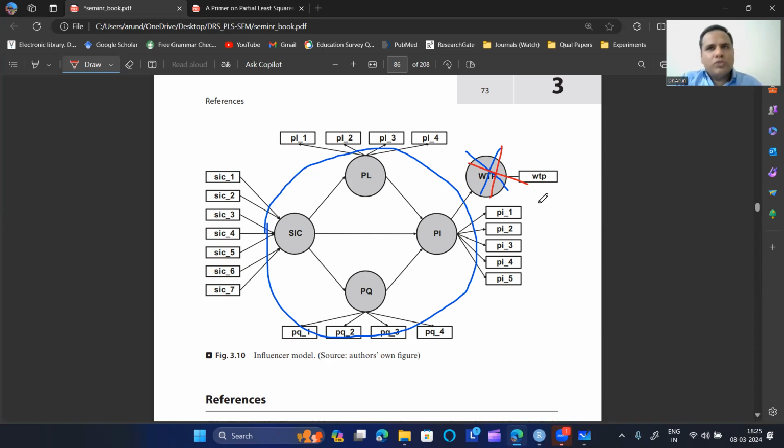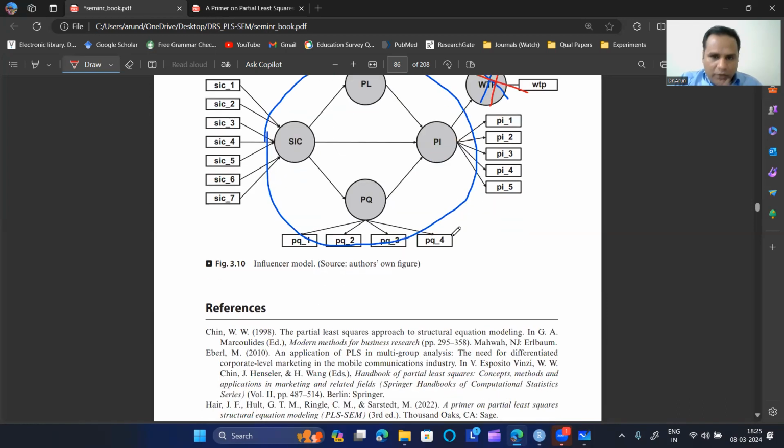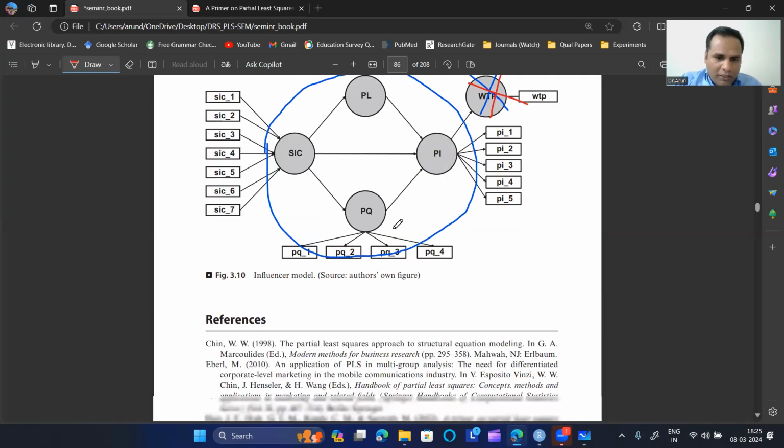When I say parsimonious, use fewer variables and try to explain many. Model parsimony does not mean not to include variables; be selective. You have to do a thorough literature review, understand the nomological validity, and bring those constructs which have a very important say in the explanation of the endogenous construct. Okay, so now we are going to focus on this particular model.